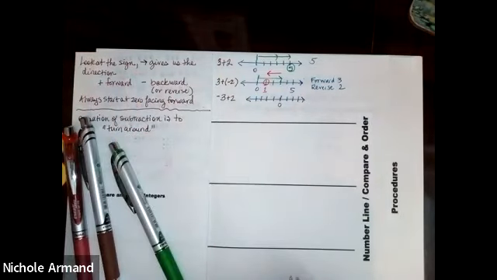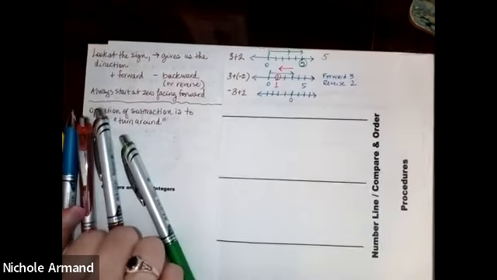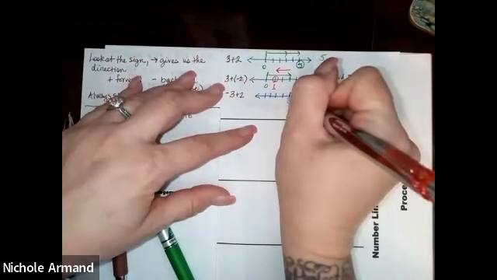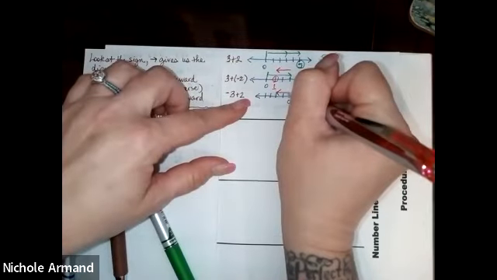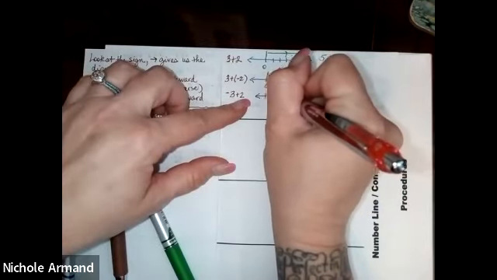Okay, so this time we are going to go in reverse 3 units because the sign on the 3 is negative. So I'm going to start out going in reverse 1, 2, 3, all the way to here.